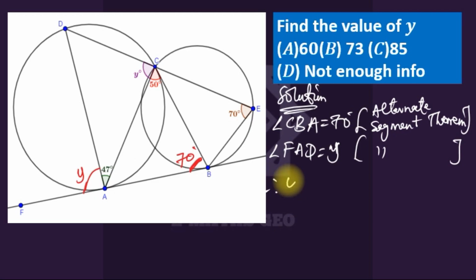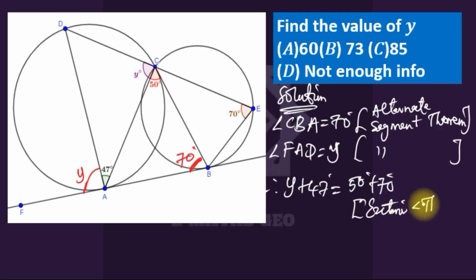Therefore, y plus 47, that's the exterior angle, is equal to the sum of 50 and 70, by the exterior angle theorem. Therefore, if we solve for y, we have 73. So y is 73, option B.